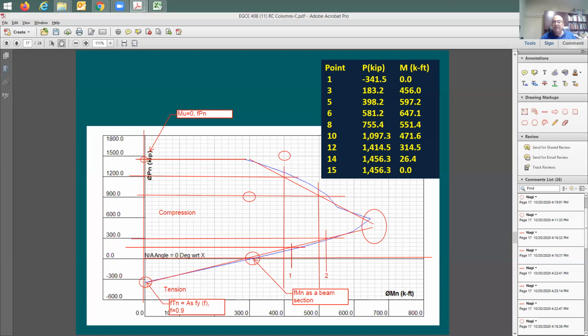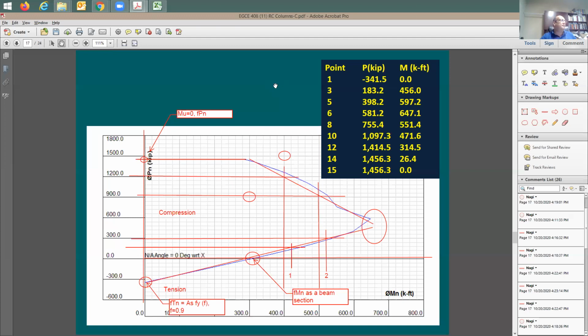It doesn't happen. And there is no beam with only moment demand on it. There should be a little bit of axial load, but we just ignore it, right? This is what we used to do in the past. Now I'd like to change this fact, or this information that you know about, and tell you that any concrete section is going to be exposed to some axial load and some moment at the same time.